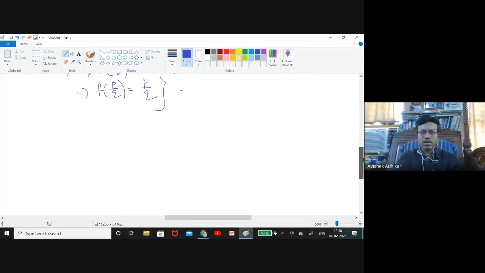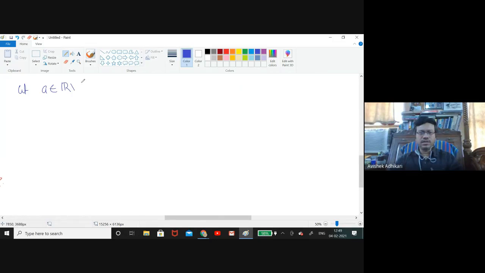So the Z part, the Q part, we are done. Now we are left with only the irrational part. So let A be an irrational number, say in R minus Q, to show f(A) equals A. So now we are going to real analysis.